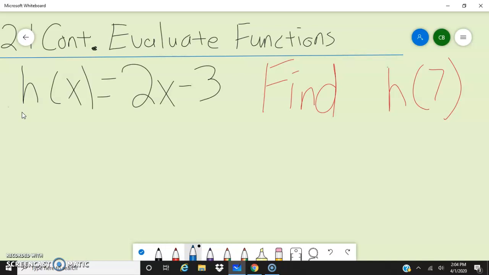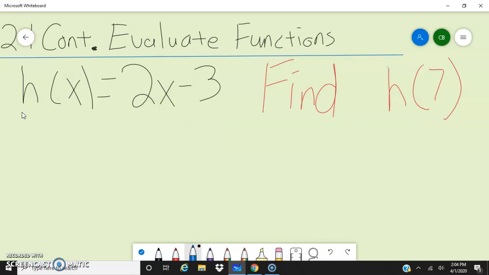In this one, we have h of x equals 2x minus 3, and it wants us to find h of 7. Same thing: to find h of 7, all we're going to do is plug in that 7 for x.